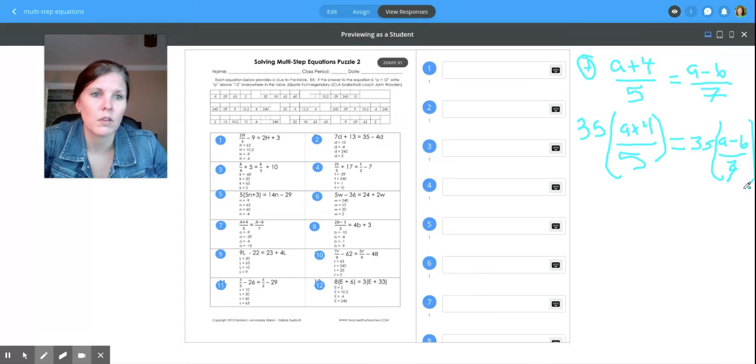Okay. So when I multiply on this side, 35 divided by 5 gives me 7. So I get 7 times (a plus 4). When I divide 35 by 5, I get 7, and I'm still multiplying it by this a plus 4. Equals 35 divided by 7 is 5, 5 times (a minus 6).